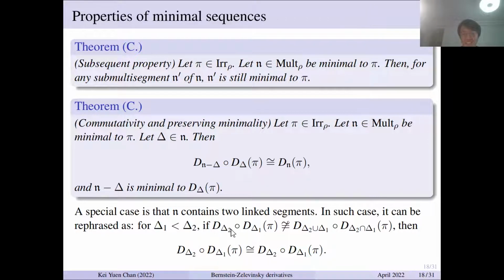So basically it says that it is minimal, because this is the only possible chance to make it non-minimal. If this is non-isomorphic, then that means these two segments are not in the set S pi with the corresponding derivative. Then they have to be commutative. So it is a kind of commutative result.